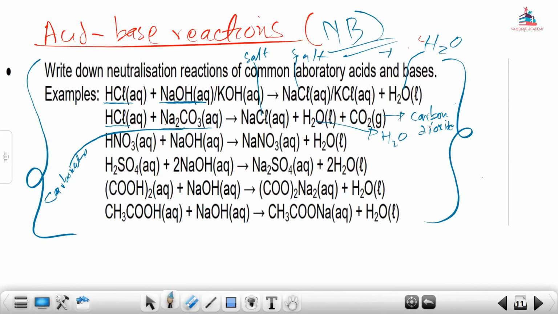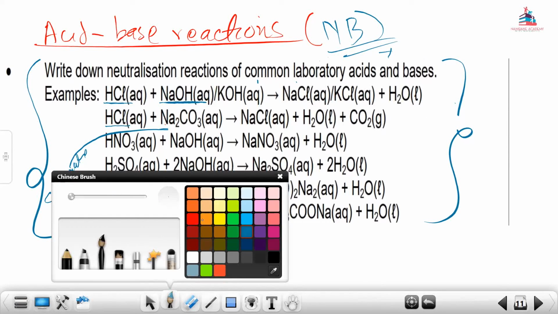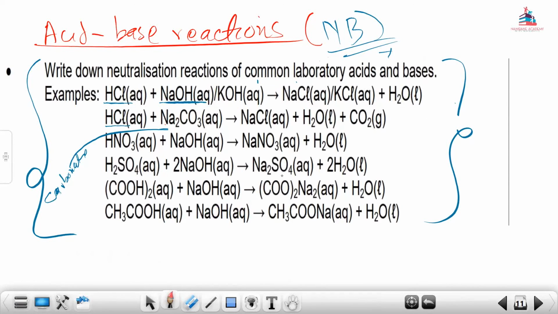So I'm going to clean it quickly for you such that when I send out the notes, you definitely know how it is going to look like. So please be in a position of fully understanding exactly these equations as they are. With these equations, believe you me, the examiner can ask anything and everything.